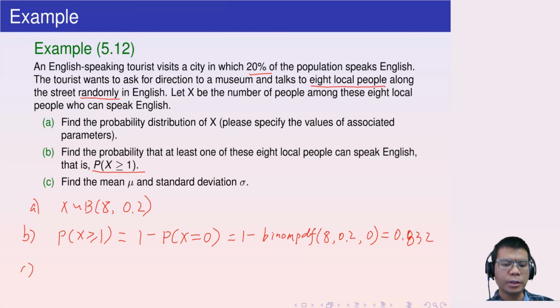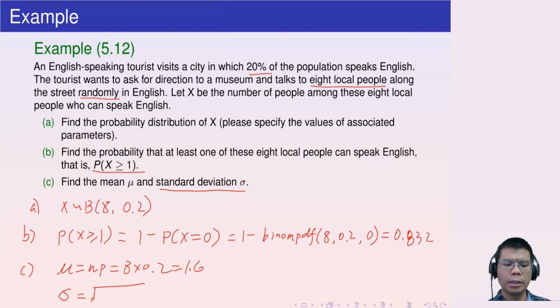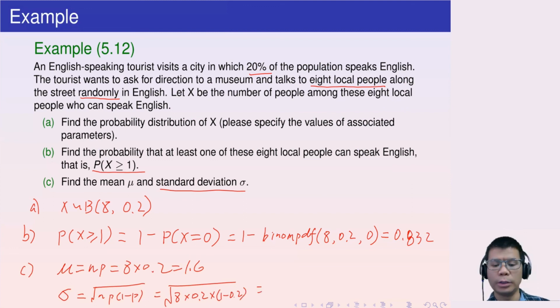Now C, find the mean. What is the mean? The mean is simply n times p, 8 times 0.2, so it's 1.6. And the standard deviation, be careful, it's the standard deviation. So it is the square root of np times 1 minus p, the square root of 8 times 0.2 times 1 minus 0.2. This equals 1.131.